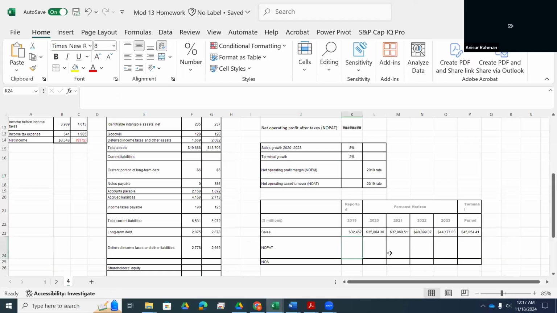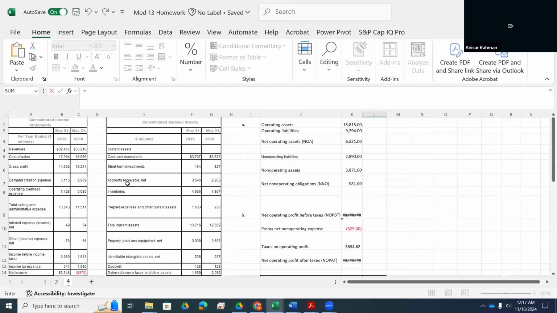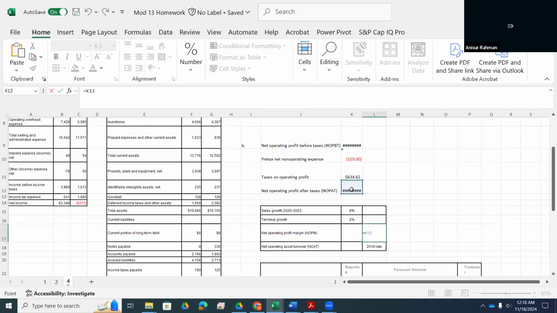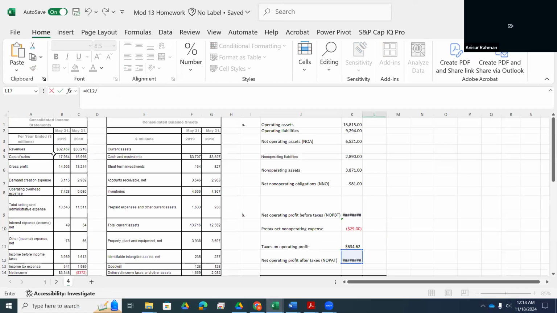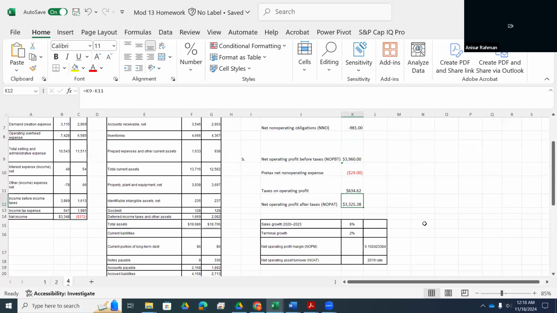We have to use the 2019 rate. So I'll delete this, enter the equal sign, and calculate the NOPM: our NOPAT divided by our sales. Enter. Again, I cannot see this because I need to enlarge them.